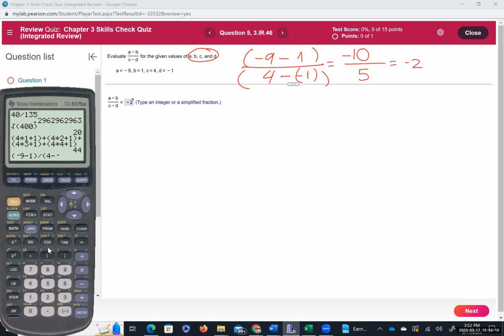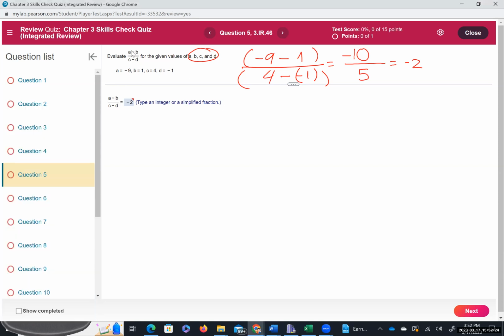You can put a parentheses first, that's fine. -1 close parentheses, close that big parentheses for the denominator. And then you have -2 as the answer. So make sure, even if I don't write it here with the parentheses, when you use calculators, you must have parentheses for it.